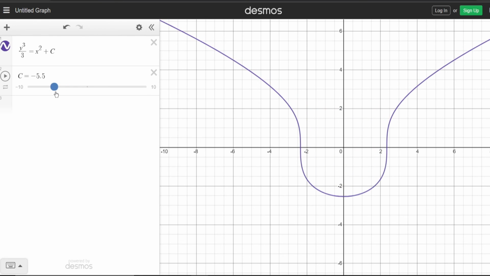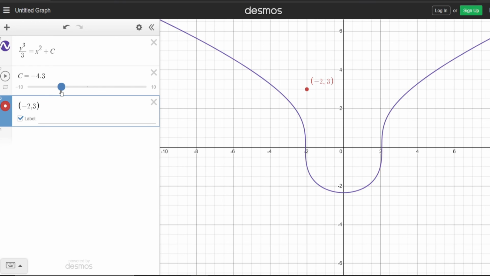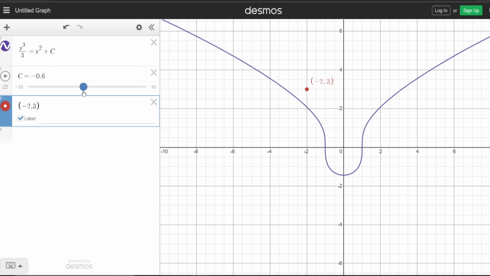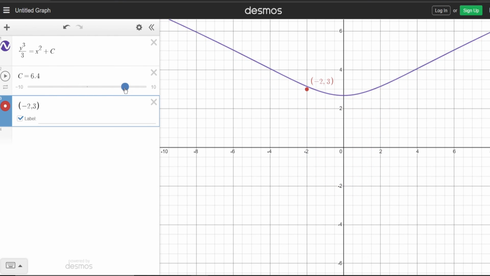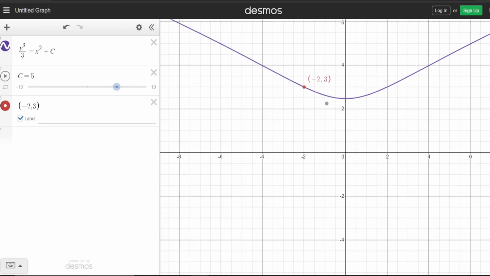Now we want, out of all of these family members, the one that passes through minus 2, 3. So let's just add this minus 2, 3 point, and yes, we will want to label it. So this is the minus 2, 3 point, and you can see that this passes through this minus 2, 3 point right when c is equal to 5.